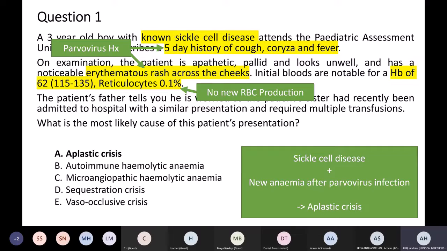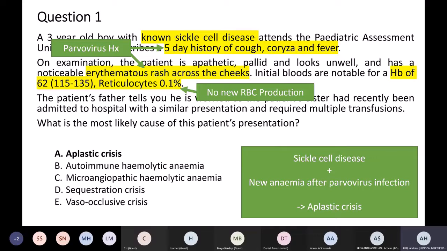So this patient has a history of cough, coryza and fever for 5 days. And they also have this erythematous rash across the cheeks. This is a very typical history for a disease called erythema infectiosum, or fifth disease. It's associated with the slapped cheek rash.